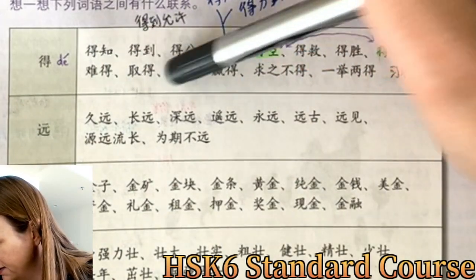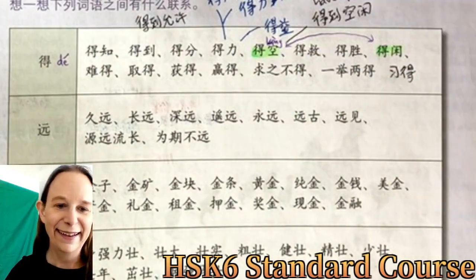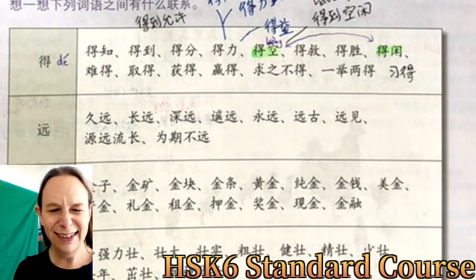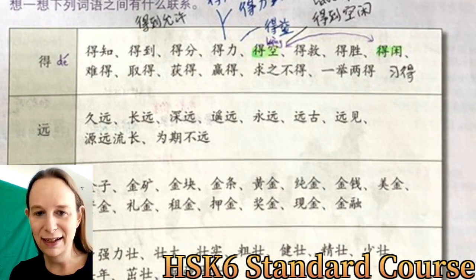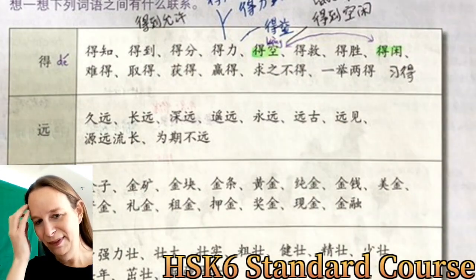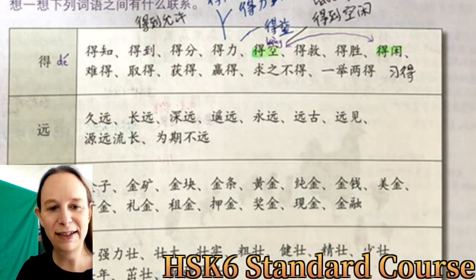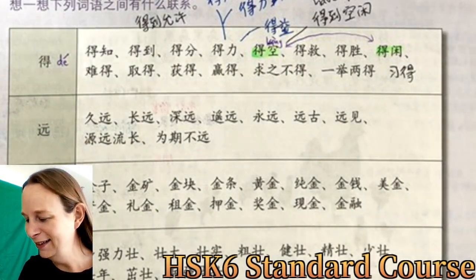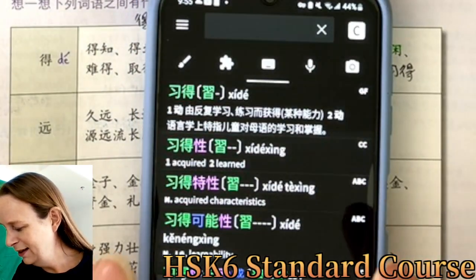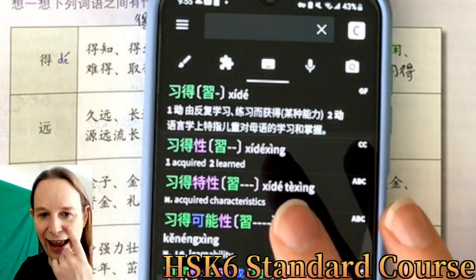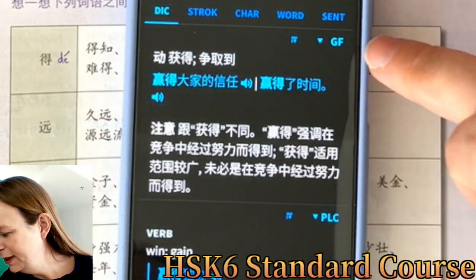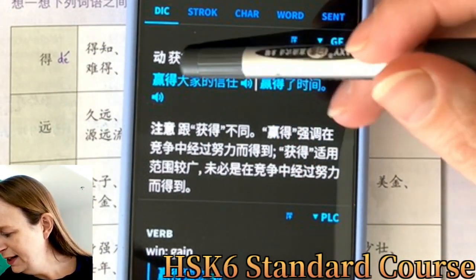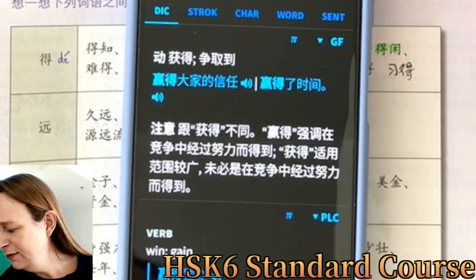Okay. So 赢得, yeah. 赢得, okay. 赢得 is a little bit different, isn't it? 赢 meaning to win. 得 meaning to, I mean, it does mean to acquire, but you can just mean I beat you. 赢得, and it's like what you win, and they're kind of a little bit different. 赢得了时间，赢得了大家的信任.